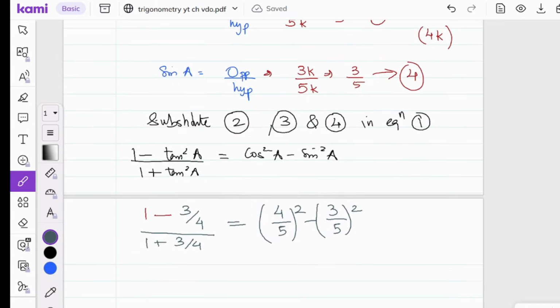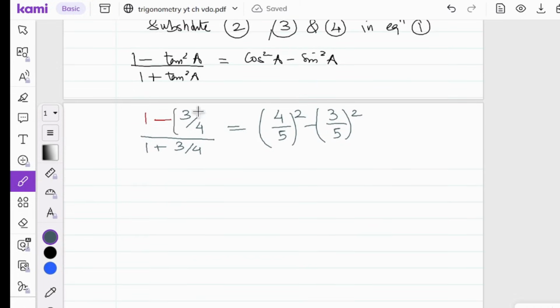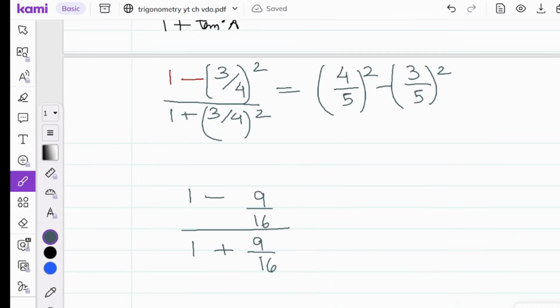I have to check whether this value is correct. So let me first do this part. 1 minus 3 by 4 the whole square. Here the whole square is also there, right? Tan square A. That is 1 minus 9 by 16 divided by 1 plus 9 by 16, equal to 16 by 25 minus 9 by 25.